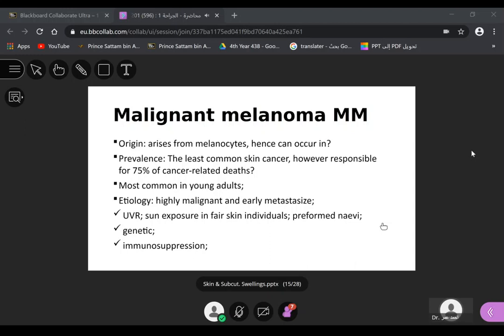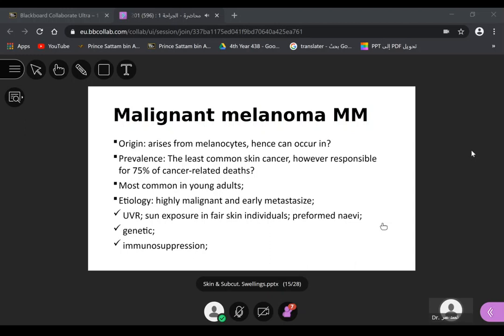Regarding risk factors, it can happen de novo in normal skin due to exposure to ultraviolet radiation, and also when the patient has a genetic predisposition. Sometimes it can happen in preformed nevi. If you have a nevus, there is a risk of malignant transformation, and it can turn into a malignant melanoma.